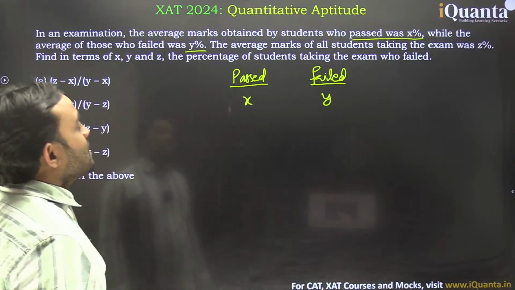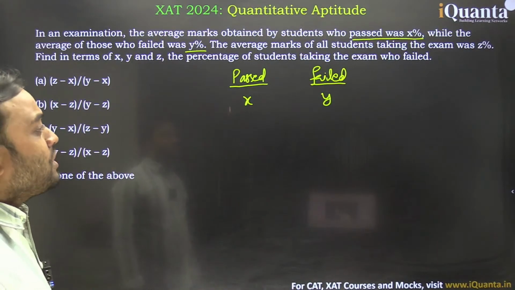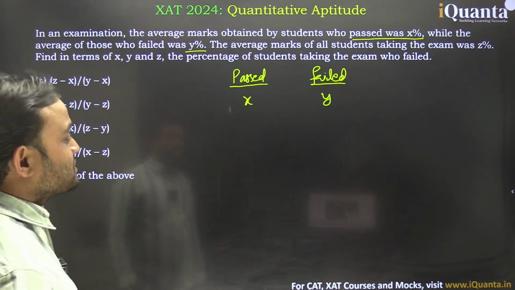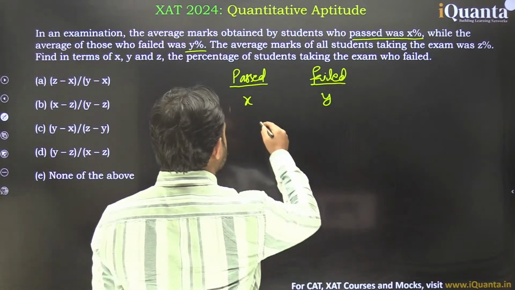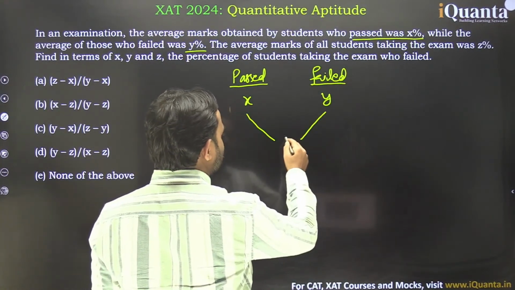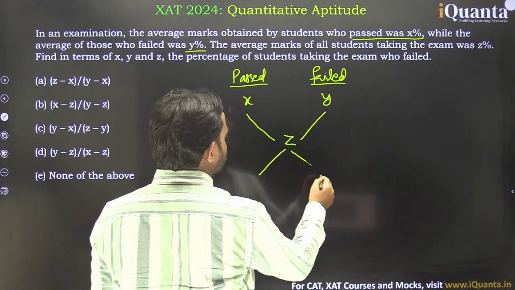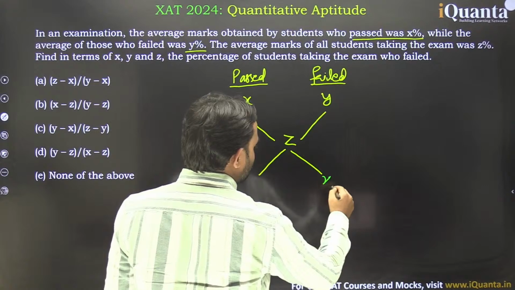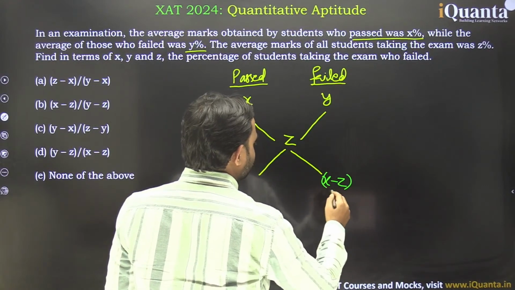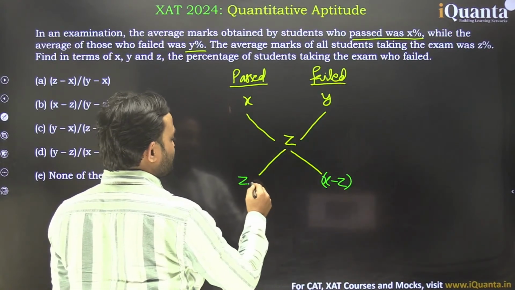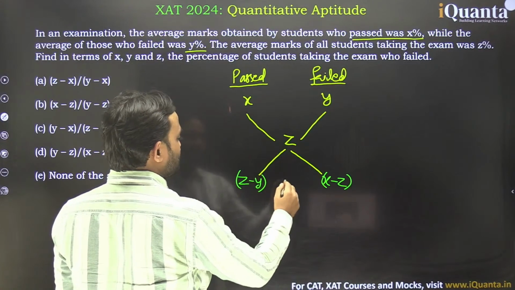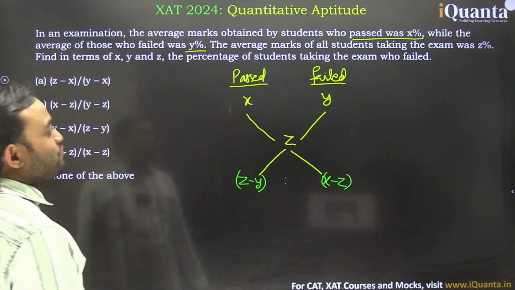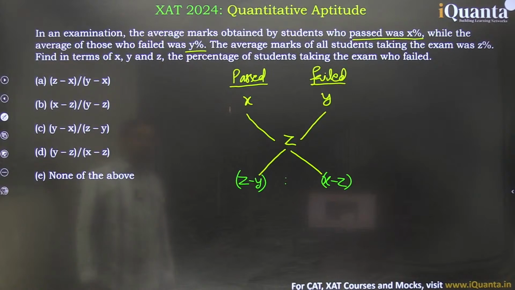The average marks of all the students taking the exam was Z percent. So this is basically a classic example of allegation. So this will be Z, the average marks is Z. Now X must be greater than Z, so this will be X minus Z, and this will be Z minus Y.